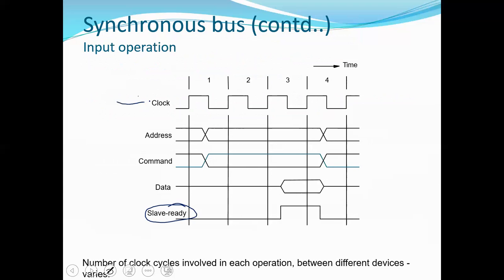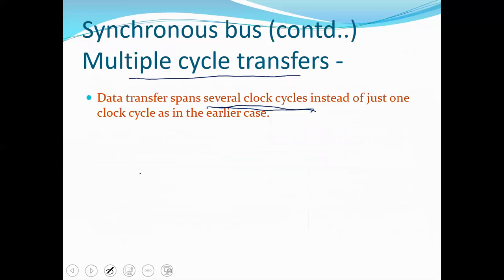Here you can see the clock pulses. There is no restriction on their number, but time is consumed: when the clock pulses increase, so much more time is taken to complete one operation. First see the address and command bus, that is, the control bus. It is shown separately in this diagram, nothing special. This is the diagram shown in the textbook, so I have used the same one.